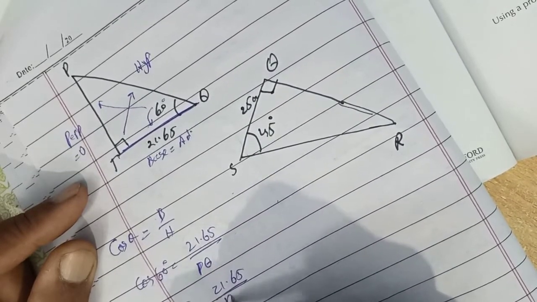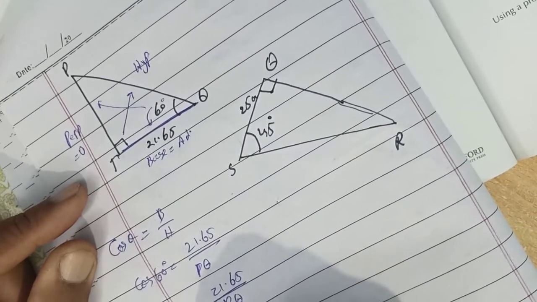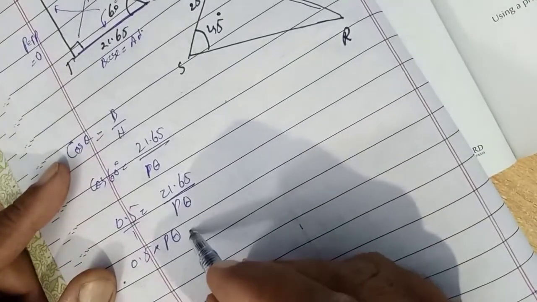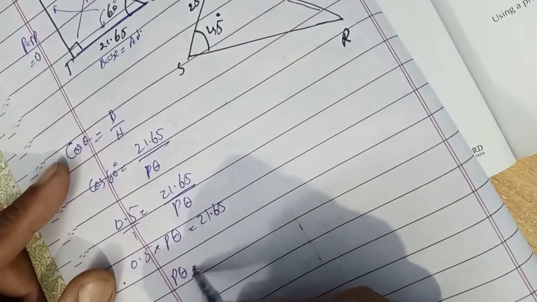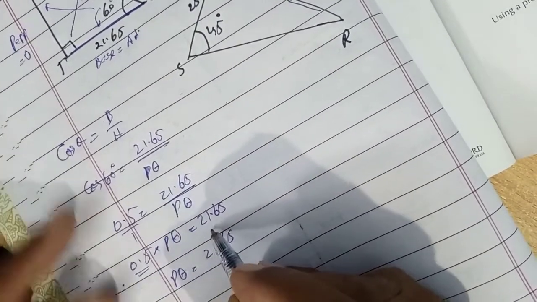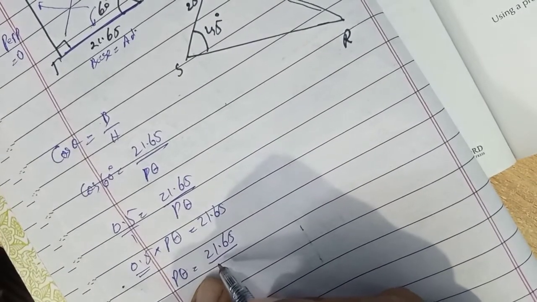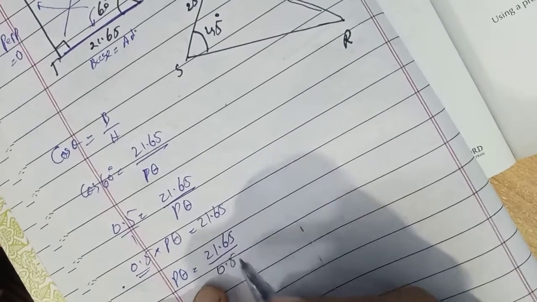21.65 over PQ. Do cross multiplication: 0.5 is multiplied by PQ and equals 21.65. So PQ is equal to 21.65 over 0.5.